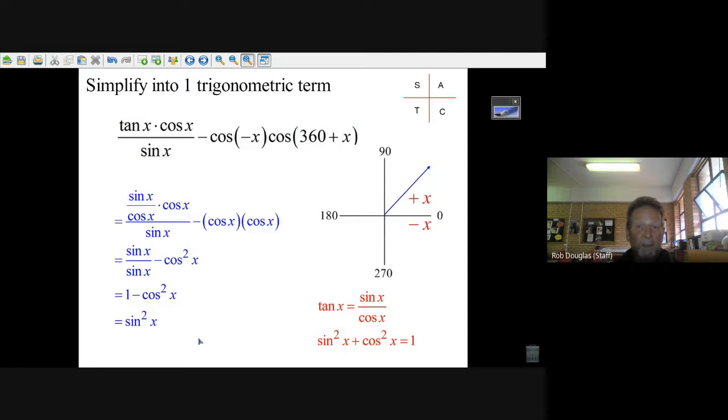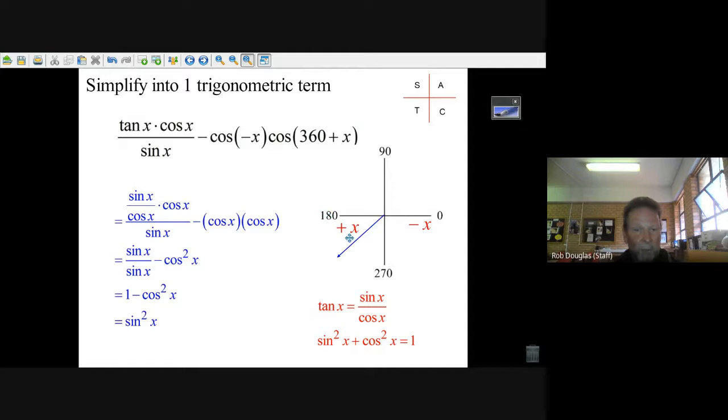So maybe that's a little tricky, especially because the ideas are quite new. But if you want to figure out any kind of thing where you see an x, just pretend it's 45 degrees and go in the right direction. Like say you had 180 degrees plus x. All you do is go to 180 degrees, and keep going counterclockwise. That's the quadrant you're in. So the cosine of 180 plus x is negative cos x.